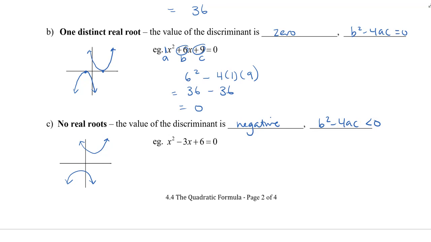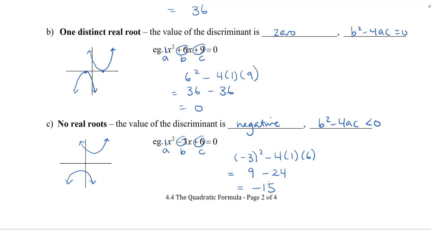So taking a look at this example here, again, 1 is a, negative 3 is b, positive 6 is c, and I'm going to get negative 3 all squared minus 4 times 1 times 6. And I get 9 minus 24, which gives me negative 15.